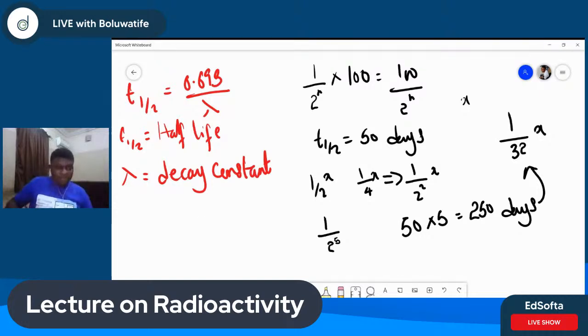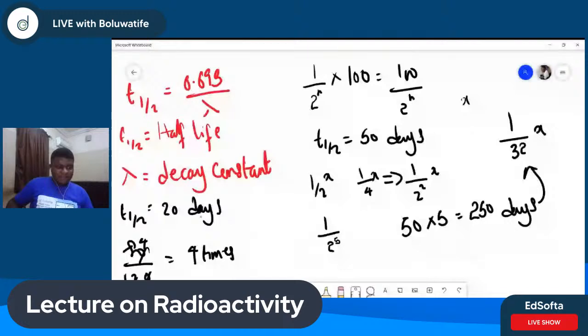So how many times would it have split before we got to 80 days? That's simply 80 divided by 20, and that gives me what? 4. We would have split 4 times.